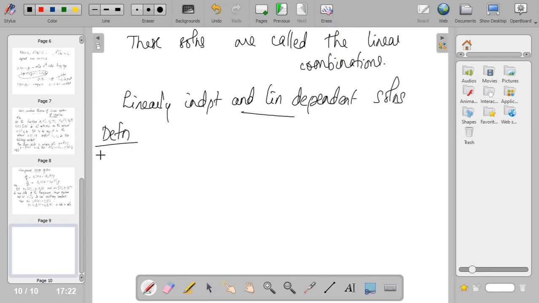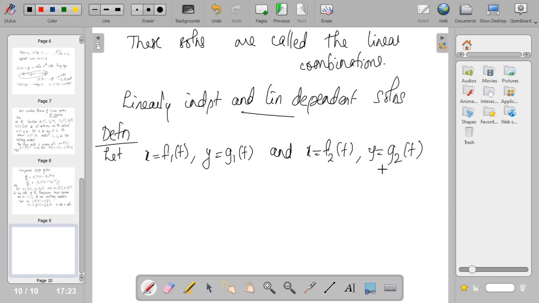So let x equal to f1 of t, y equal to g1 of t, and x equal to f2 of t, y equal to g2 of t be two solutions of the homogeneous linear system.